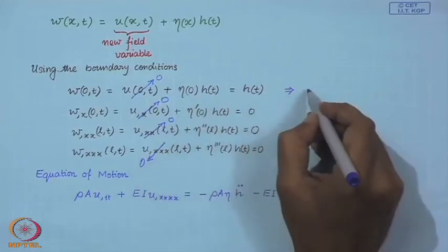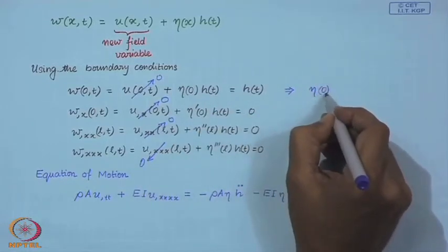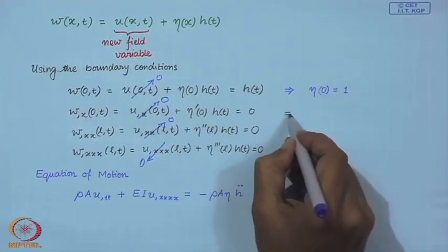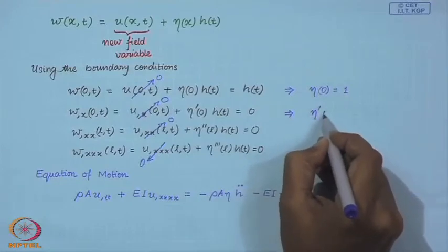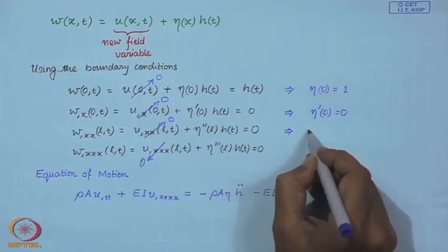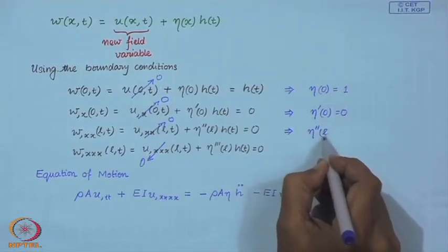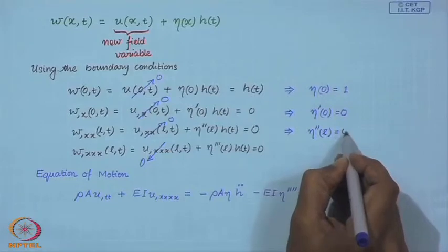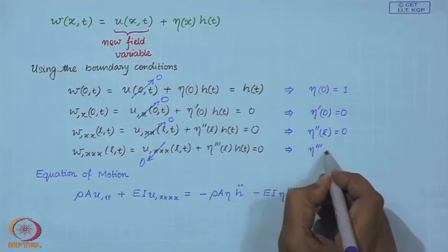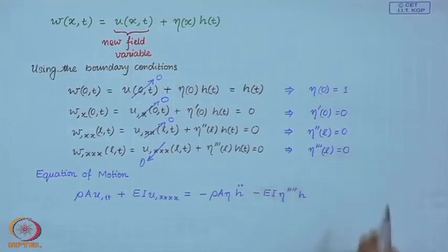So, this implies eta of 0 is 1. Now, we have to construct a function eta which satisfies these 4 conditions.